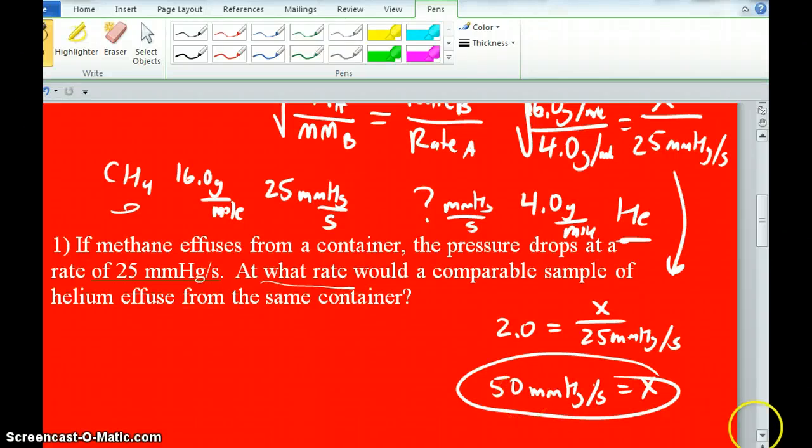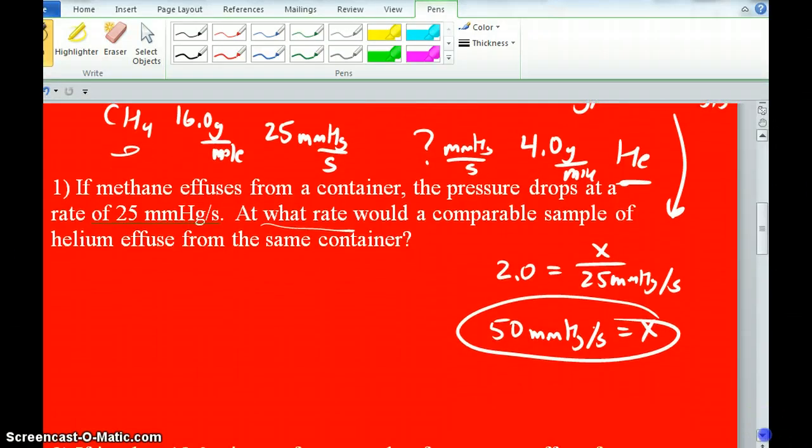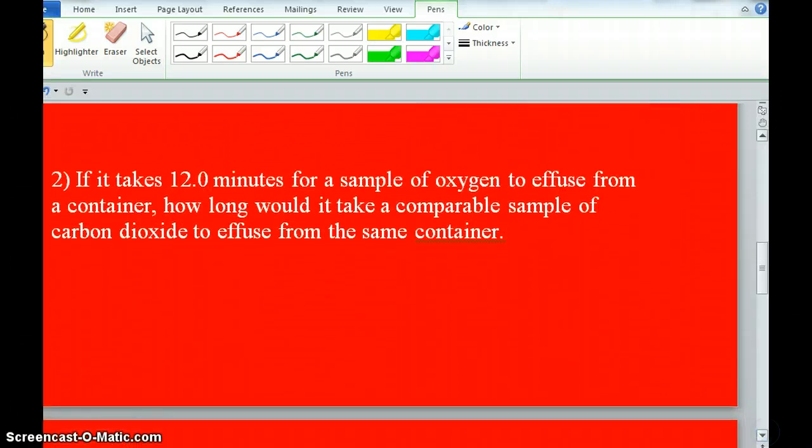So that's one simple example of how we can work problems with Graham's law. Now be careful, because instead of a rate, you might be given an actual time. But that's easily accomplished too using Graham's law, because a rate is a change in some quantity per change in time.